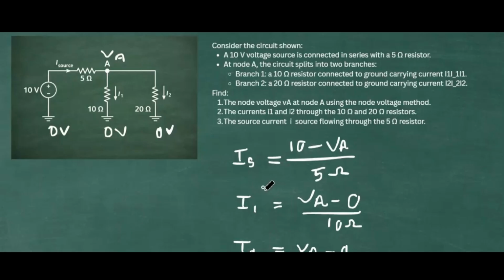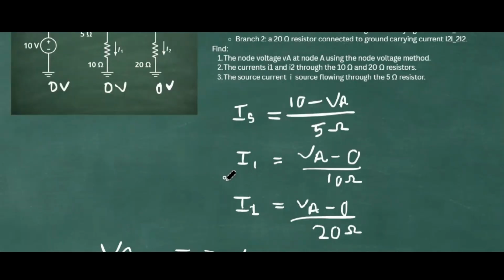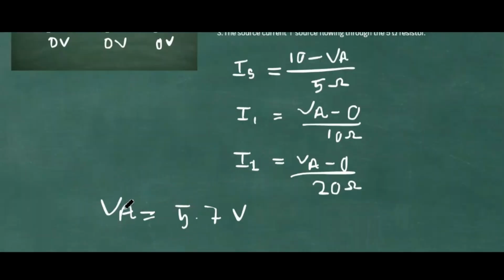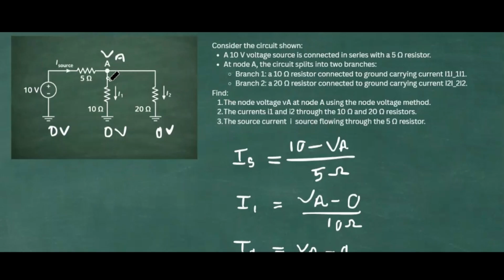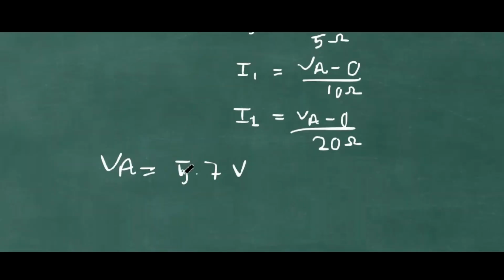Now we can find the branch currents one by one easily. We already found the node voltage at A, which is 5.7 volts.